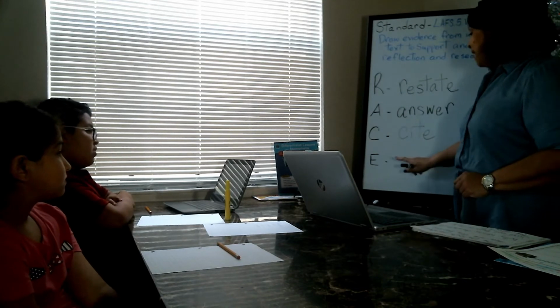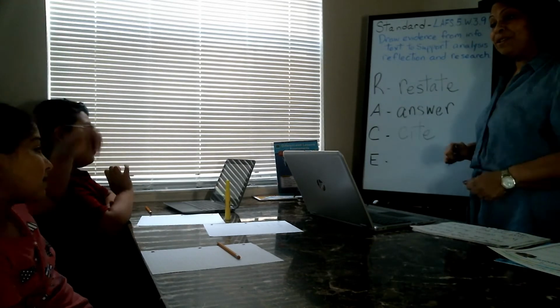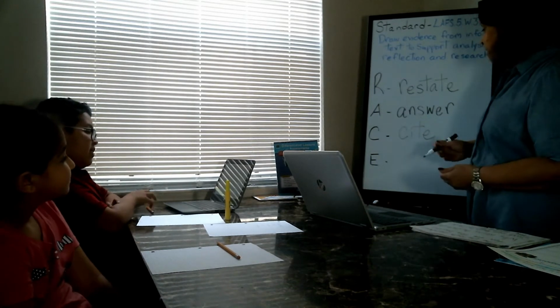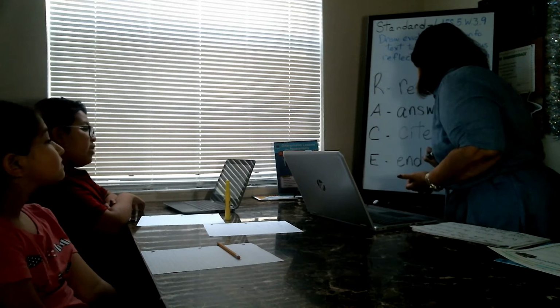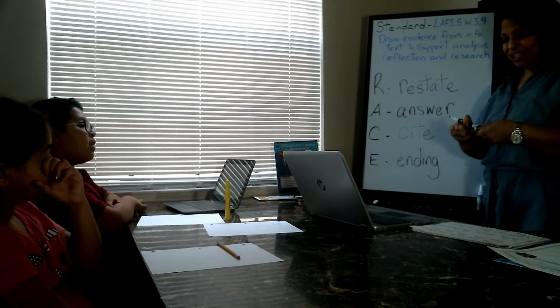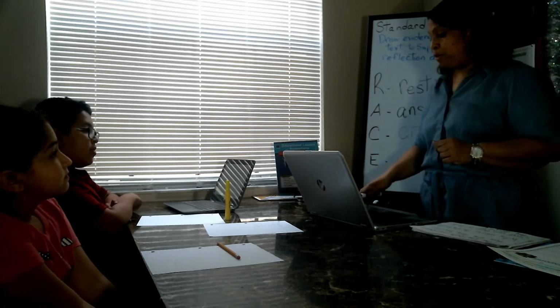Good job. And then the E. It's okay, I can help you out. Yes, Chloe? The ending sentence? Yes, an ending sentence. You're going to find a way to wrap up your entire response in an ending sentence. Good job. So those are your race strategies. We are, in a moment, going to do a guided practice activity to help you practice taking a prompt, finding how to answer it, using your text, looking for the answers, looking for evidence.